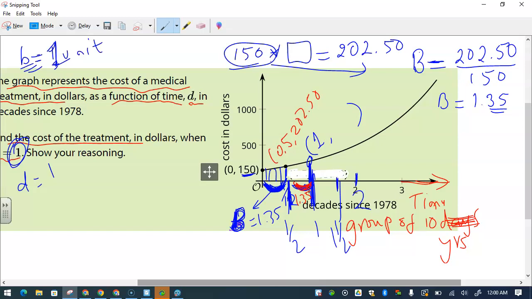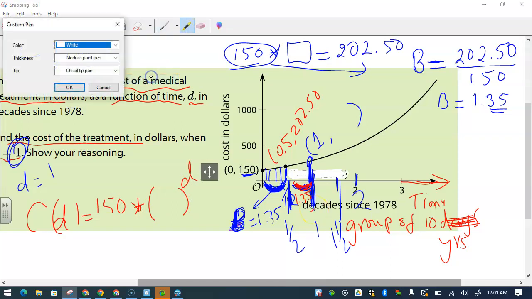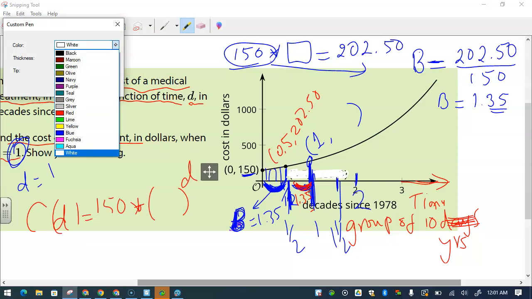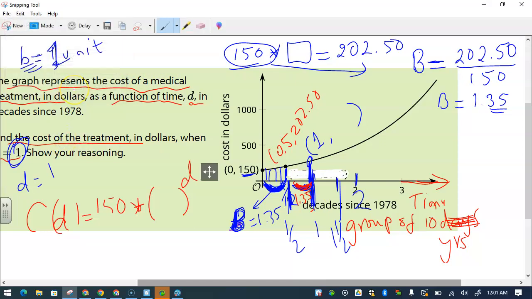Of course, they didn't ask us to write the model function, but we can also model this function by decades. Let's say cost C in decades. In the beginning we had 150, and the growth factor every decade, using the other color, the pink color from here to here, has two small ones, 1.35 and 1.35.